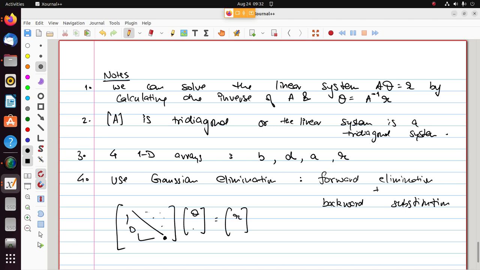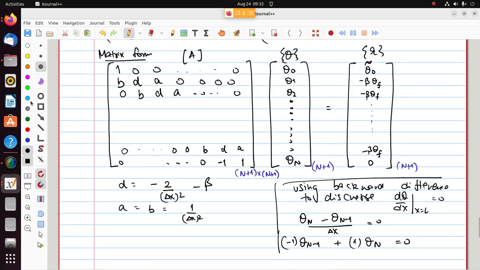In fact, Gaussian elimination becomes much simpler because you only have 3 bands. Otherwise, if you start with one pivot, you have to make all the terms below that pivot 0. But here, let us say this was your pivot. Then below this equation, all you have is only b as a non-zero term.